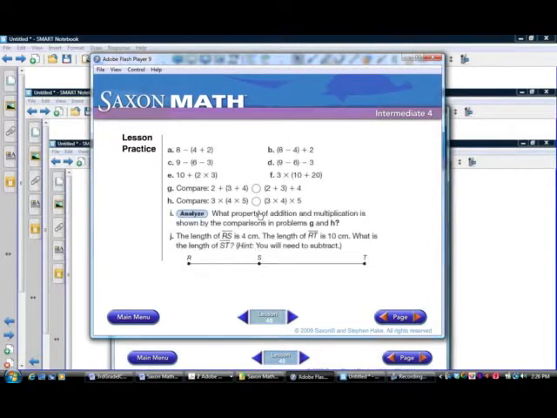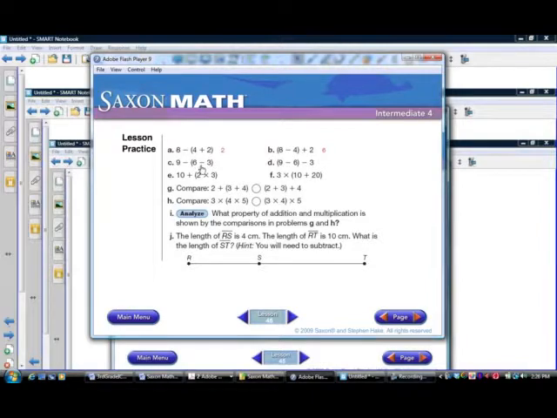Okay. Let's look at our lesson practice. And remember, parentheses means bunny ears hopping around. Do me first. Do me first. And a lot of these are so simple we can do them mentally. So let's go for it. 4 plus 2 is 6, right? Okay, 8 minus 6, you got it, 2. 8 minus 4 is 4, plus 2, 6.